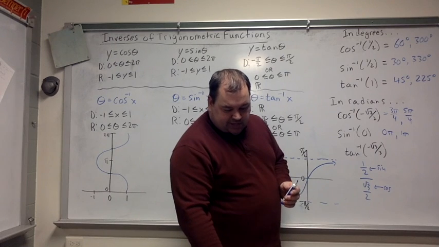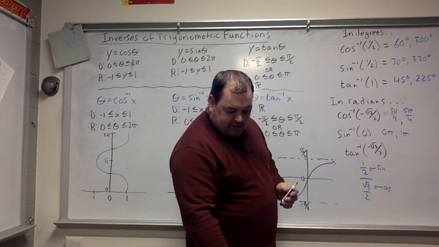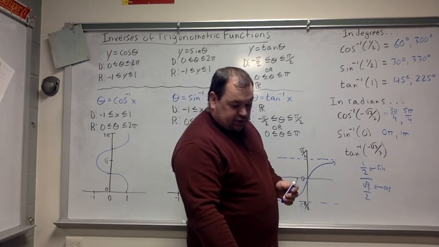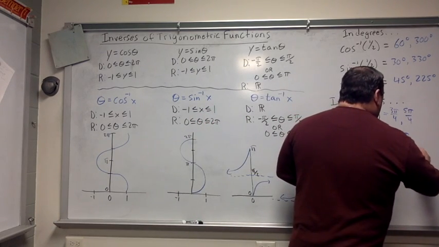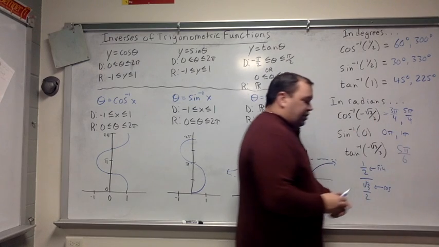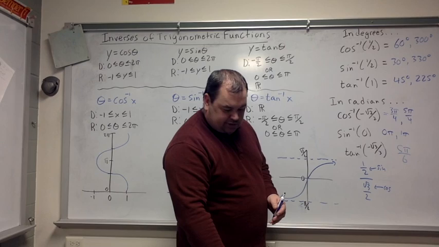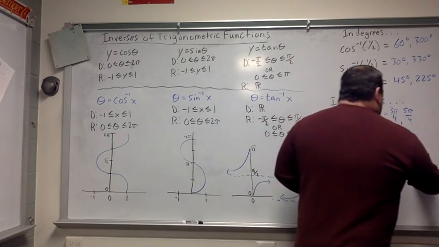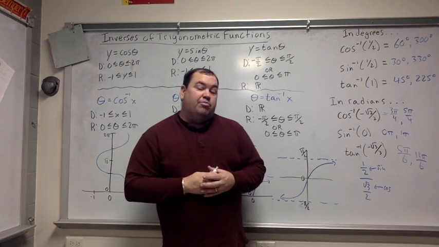So the first place I see this, where one is negative and one is positive, is at 2 pi over 3. Excuse me, 5 pi over 6, I misspoke. So 5 pi over 6 is the first one. The next one's going to be over in the fourth quadrant, and it looks like it's at 11 pi over 6.